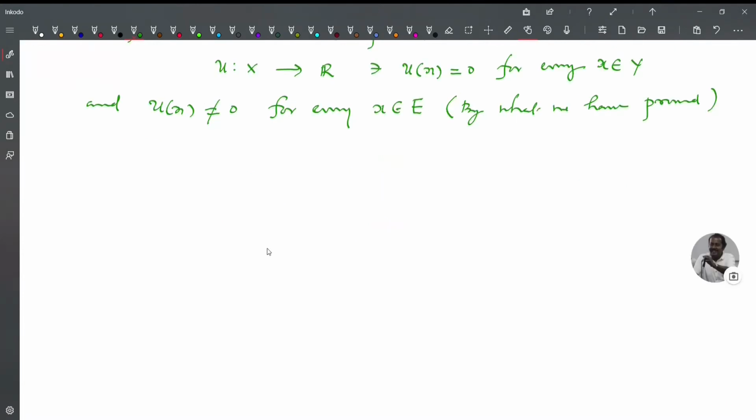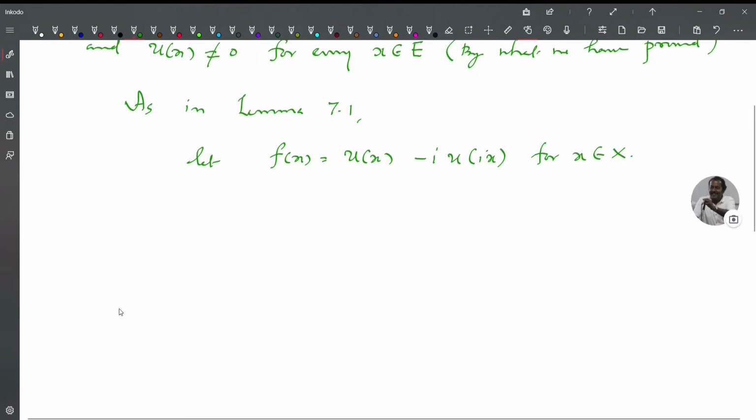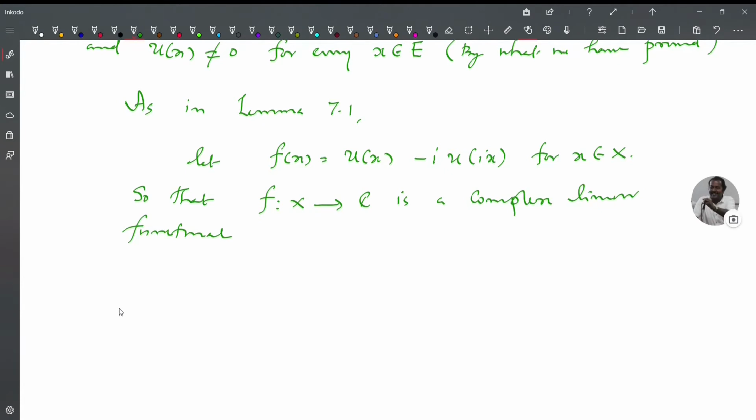So as in lemma 7.1, let f of x equal to u of x minus i u of ix for x in X, so that f from X to C is a complex linear functional, and clearly f is continuous.